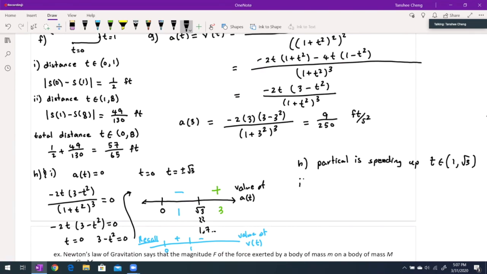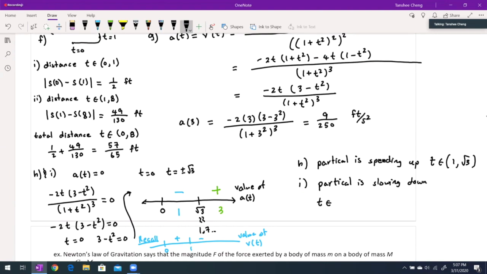And for the I part, the particle is slowing down when the velocity function and the acceleration function have different signs.